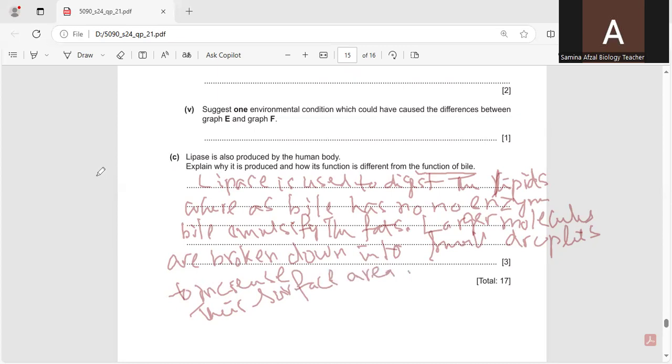So in this way, both are different from each other. Lipase is an enzyme, whereas bile doesn't have any enzyme. So the lipase will break down or digest the lipids or fats into fatty acids and glycerol. On the other hand, the bile, which doesn't have any enzyme, emulsifies the fats into small droplets.